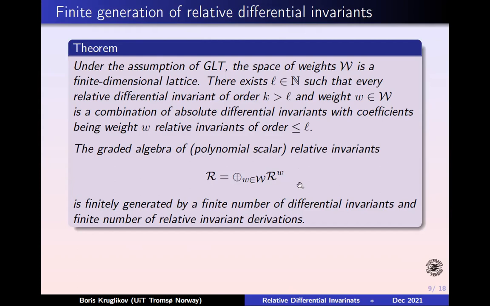The sum of two relative invariants is in general not a relative invariant. If you sum relative invariants of different weights, it is not a relative invariant at all. However, of course, every R^W is just a linear space, so you can do the sum. And also the product of R^W1 and R^W2 will be a relative invariant of weight W1 plus W2. Okay, so that's just a graded algebra.